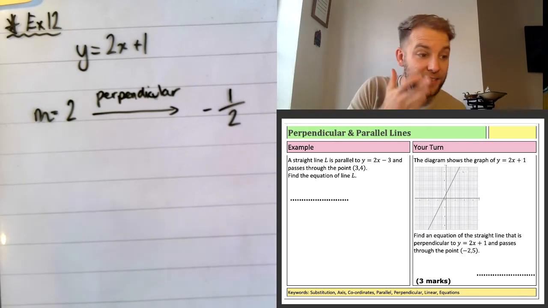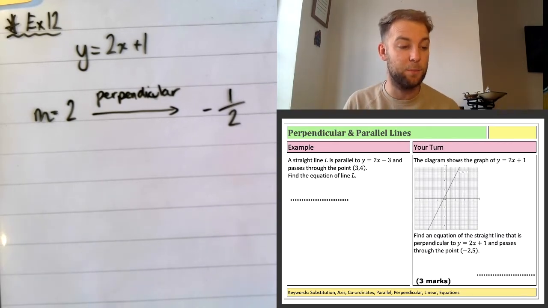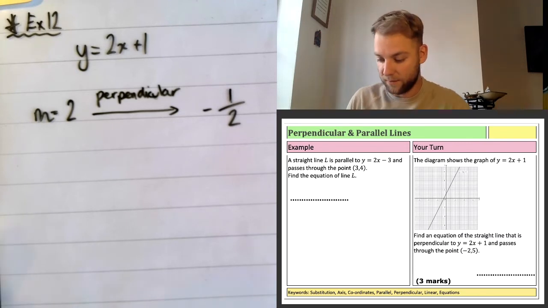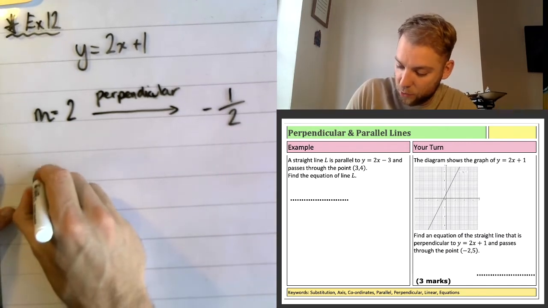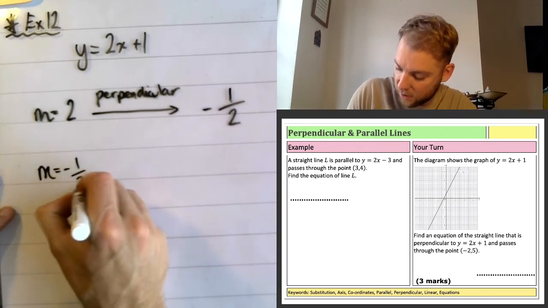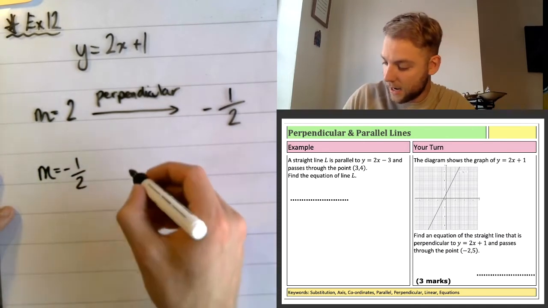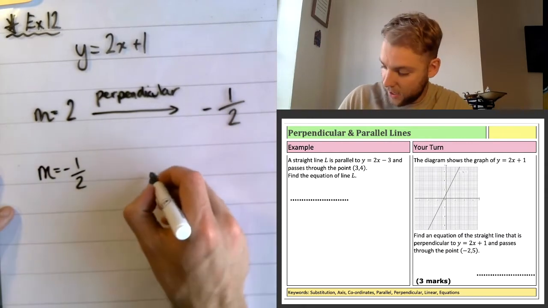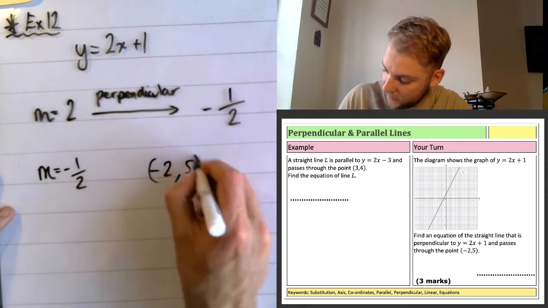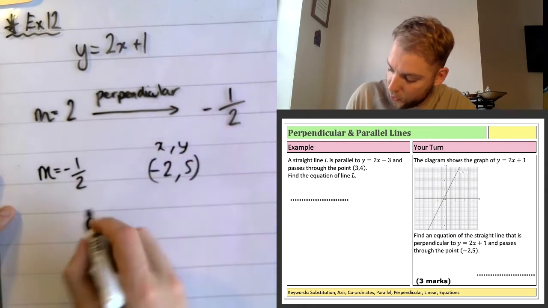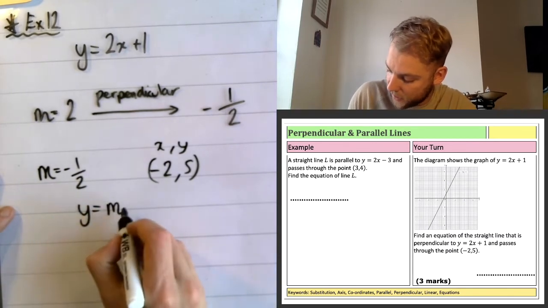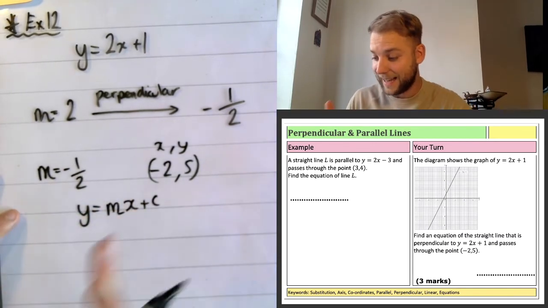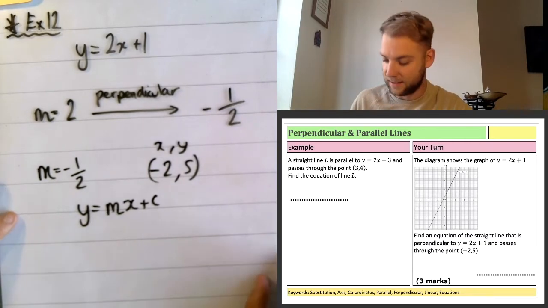We don't have the intercept, but it tells me it's passing through the point negative 2, 5. So I've got two things now. My new gradient is this negative half, and my coordinate is negative 2, 5, which is my x and y. So I can use this to sub into y equals mx plus c to find my c value, my intercept.